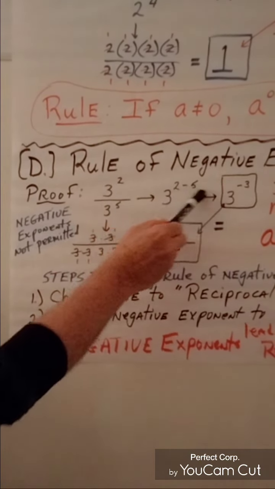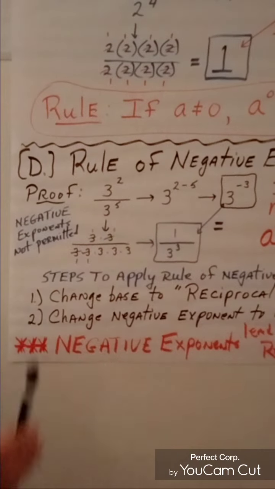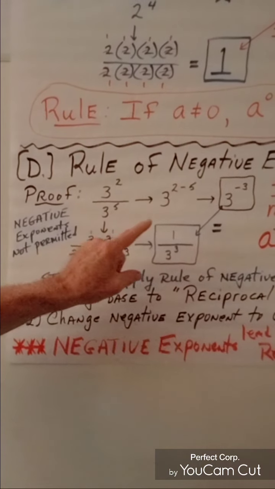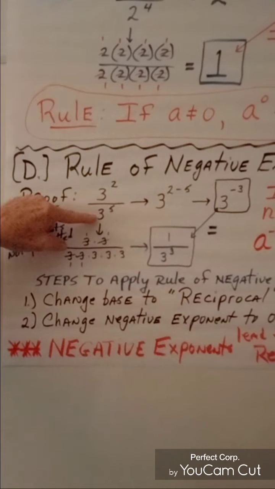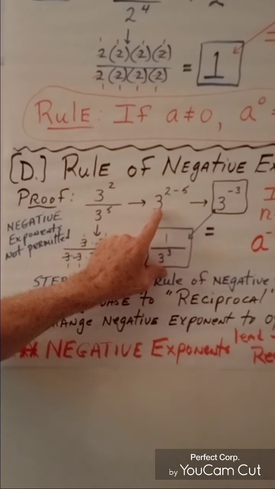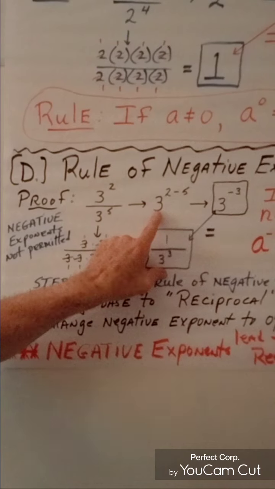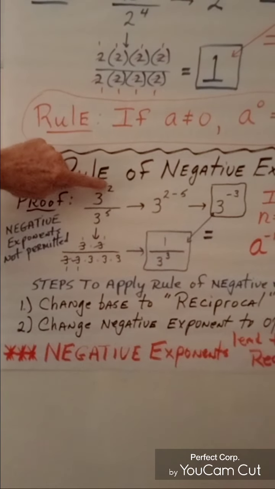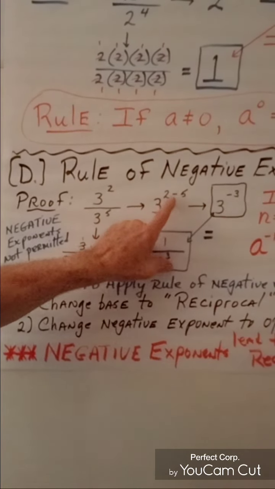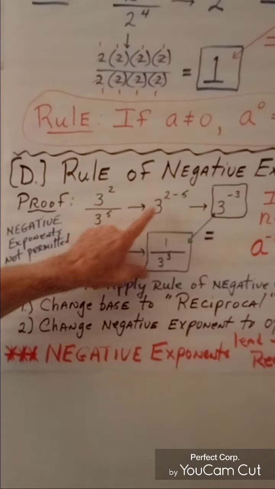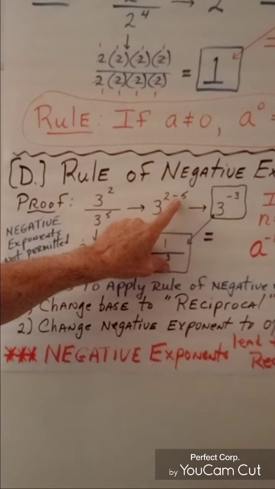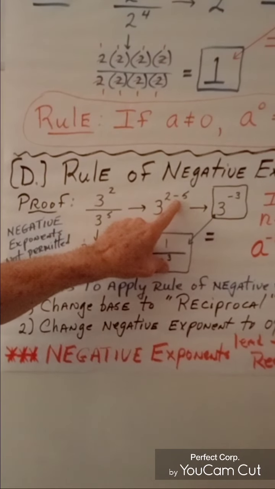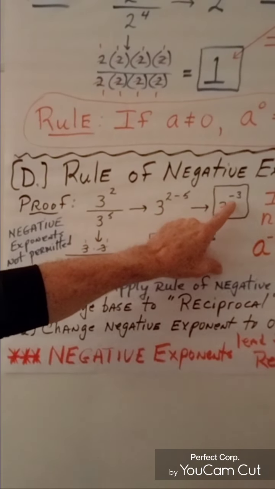Over on this side where the arrows are pointing, we're going to use the quotient rule of exponents. We're dividing with powers that have the same base. So I'm going to bring over that common base of 3. We're going to take the exponent on the top and subtract the exponent on the bottom. And we know that 2 minus 5 will then give us 3 to the negative third.